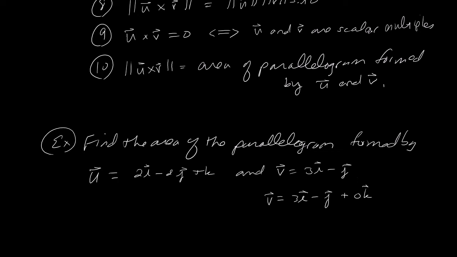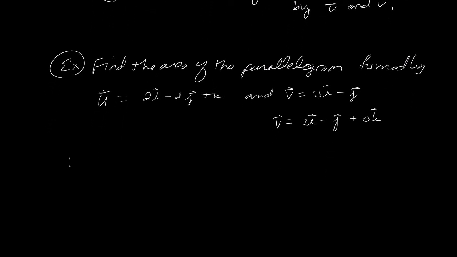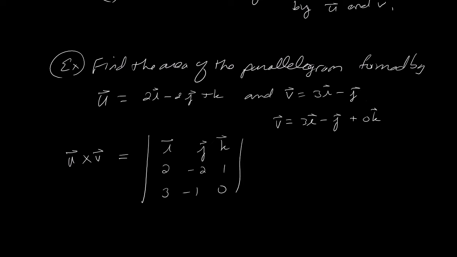And we can go ahead and find the cross product of these. So u crossed with v is equal to the determinant i j k, u: 2, negative 2, 1, and v: 3, negative 1, 0. Okay, so now, does it matter which one goes first here, u or v? And the answer is no, it does not matter.